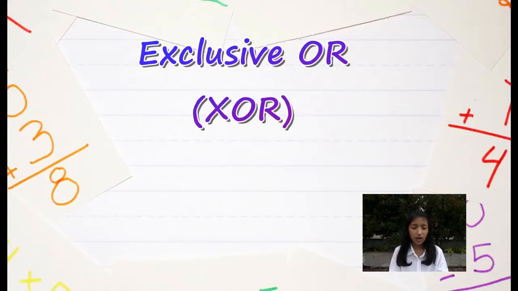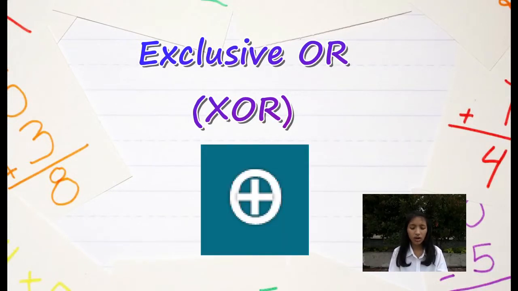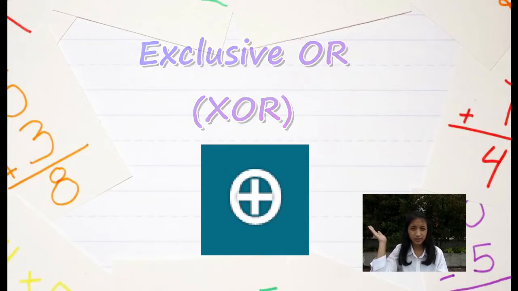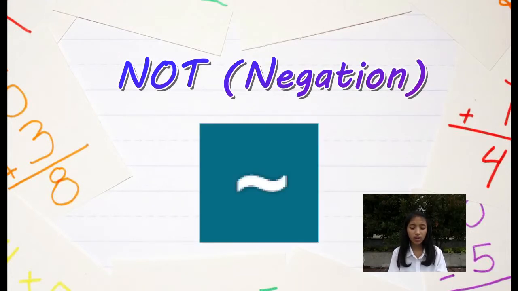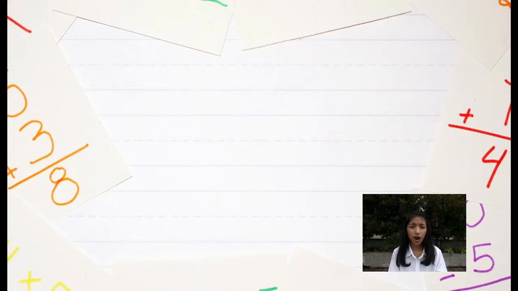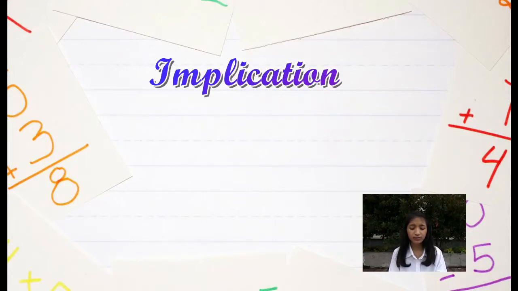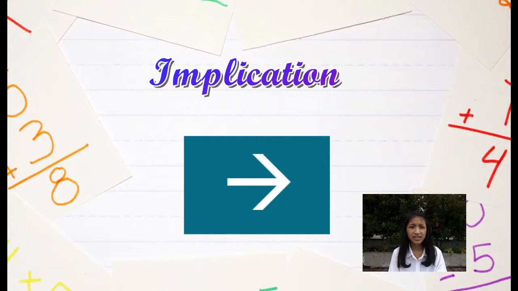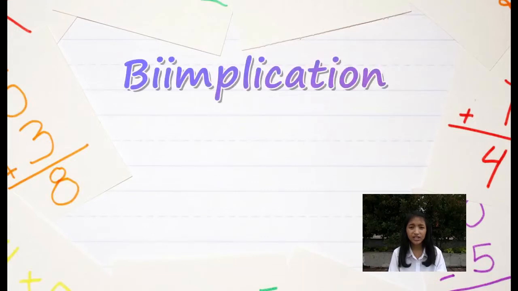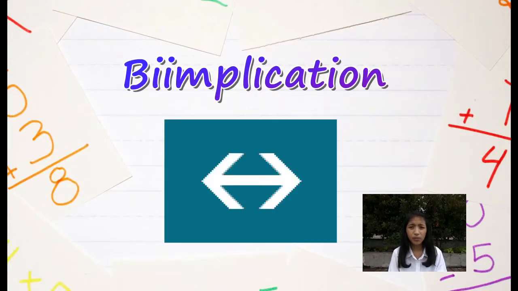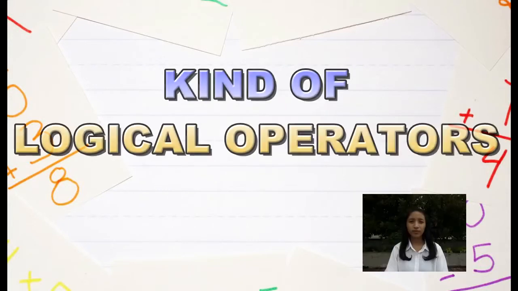Number 3. Exclusive or, XOR, and the symbol is like this. Number 4. Not, or negation, and the symbol is like this. Number 5. Implication, and the symbol is like this. And the last is biimplication, and the symbol is like this.